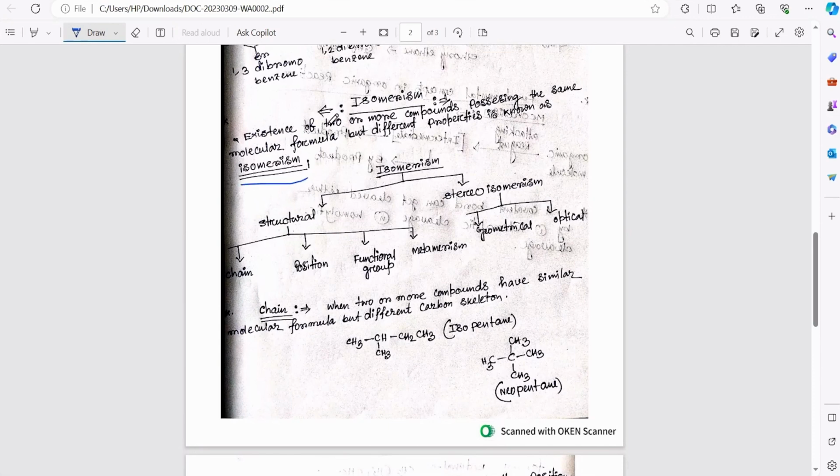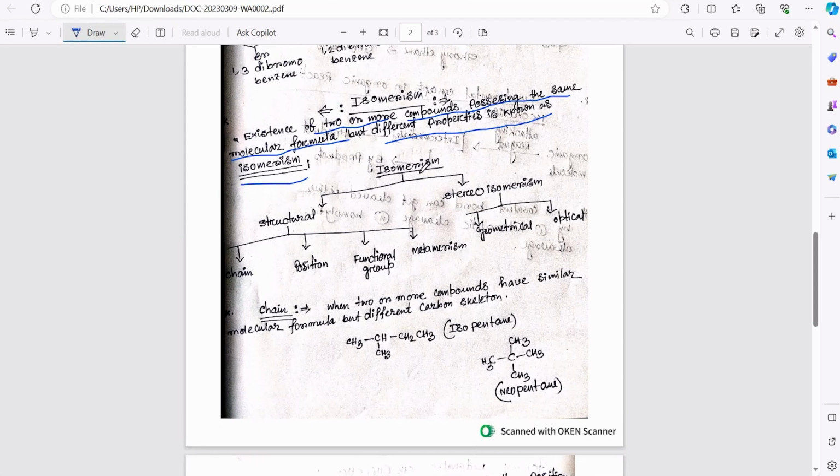So isomerism can be divided in two ways: one is structural and the other is stereoisomerism.